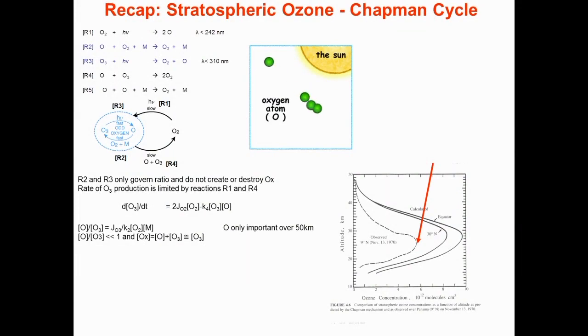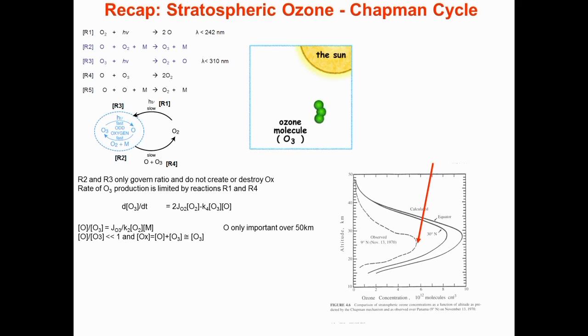Do you remember the Chapman cycle? This should be something that's very familiar to you all. It's the cycle of odd oxygen chemistry that happens up in the stratosphere that describes the amount of ozone and oxygen atoms and the proportion of each, and the loss and production processes of ozone in the stratosphere.